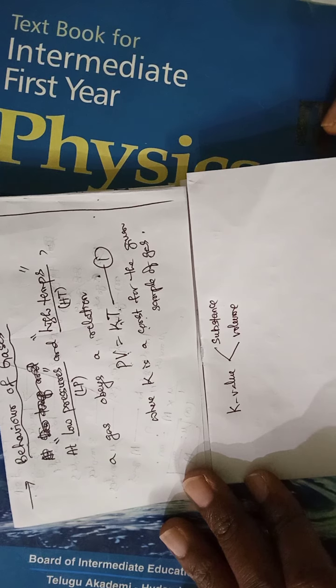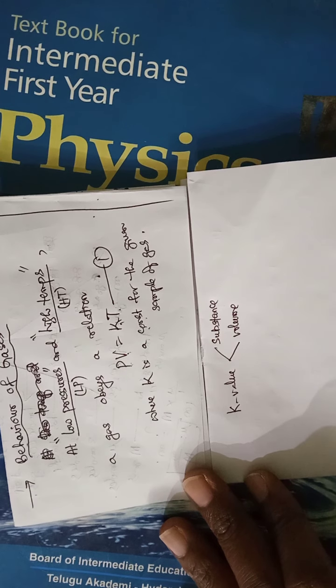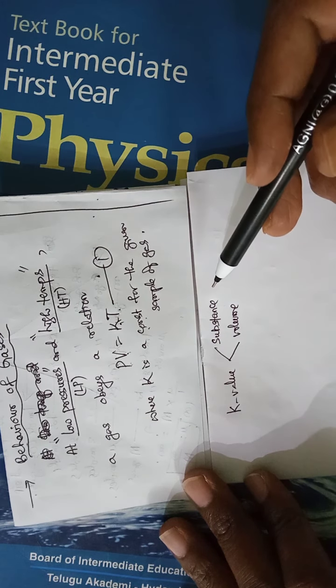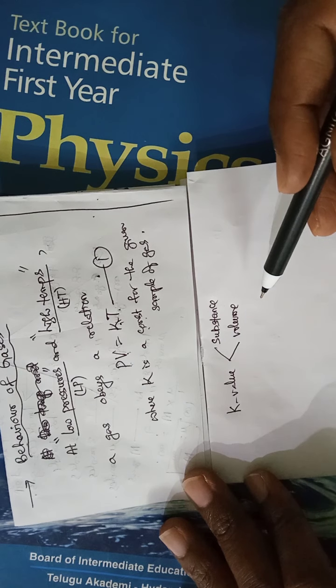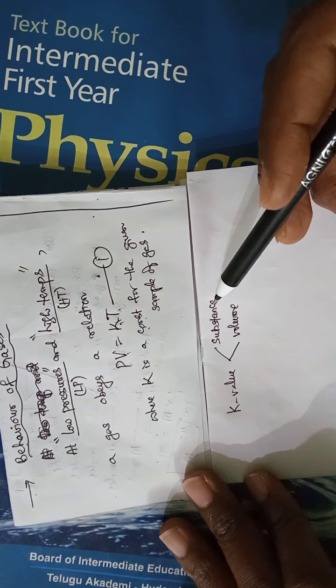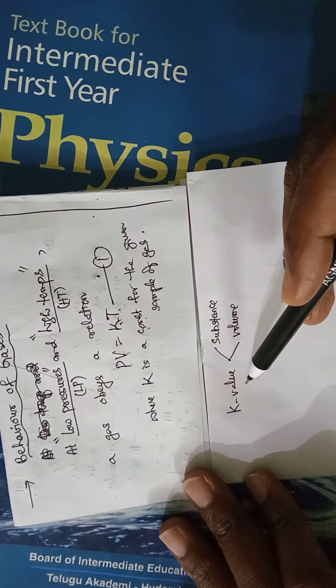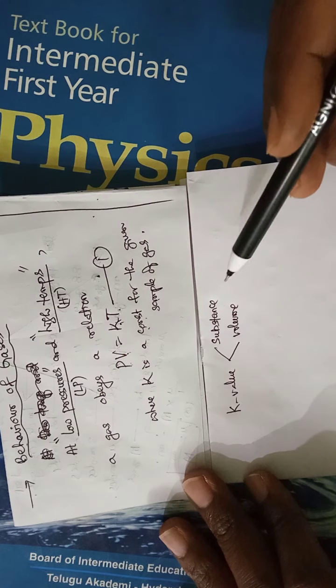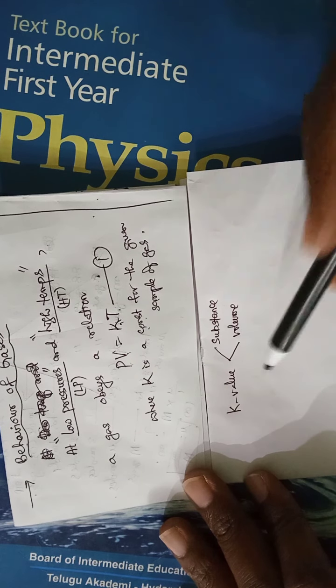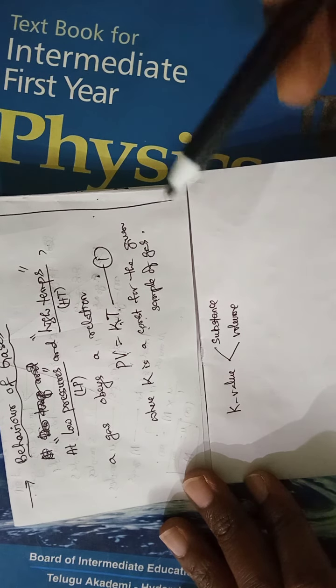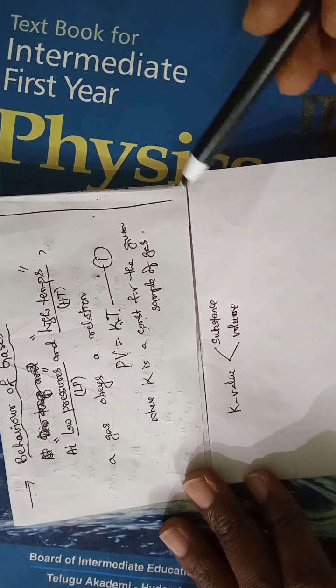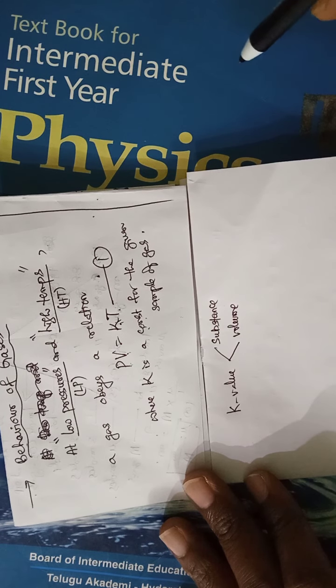Here the K value depends upon the substance and volume. If you select oxygen gas, K will have a certain value. For nitrogen, another value. For chlorine gas, another value. In that way, different gases have different K values.